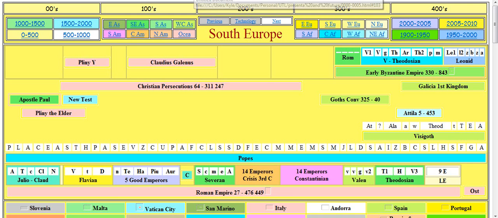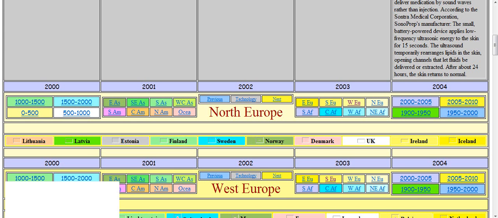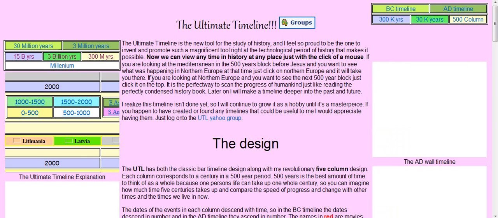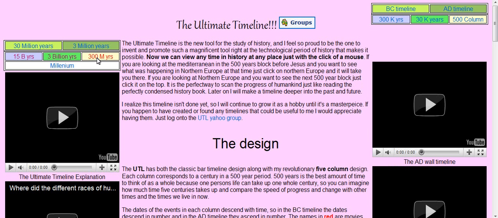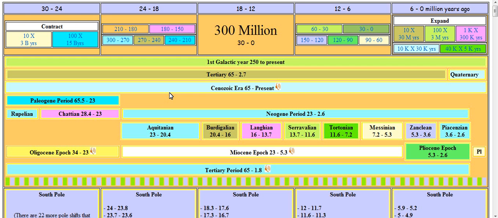But the way that my page is now is a little bit different, and I'll show you in just a second. But here, let's just move into all of the different pages really quickly. That was the 3 billion years across, and then 10 times smaller, we have 300 million.